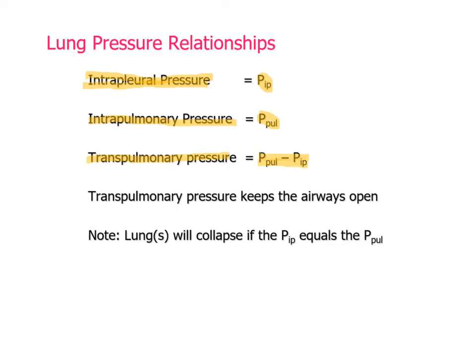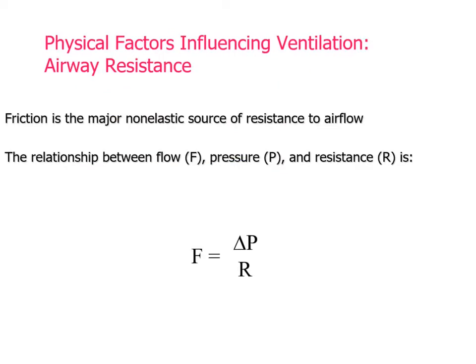Transpulmonary pressure is the thing that keeps the airways open. If the intrapleural pressure equaled the intrapulmonary pressure, the lungs would collapse. There would be nothing pushing the lungs up against the wall of the thoracic cavity.